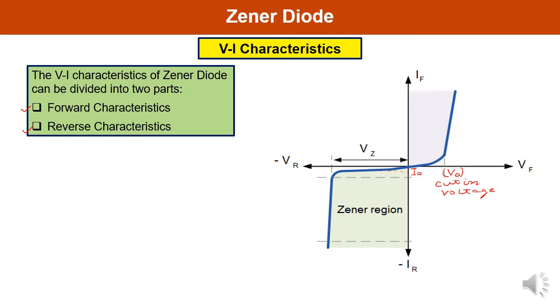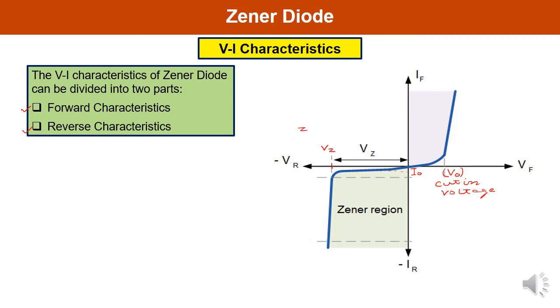This current is because of the thermally generated minority carriers, and at a certain value the reverse voltage increases suddenly and sharply, which is indicated by this particular point, and this point is known as the breakdown voltage. It is also known as the Zener breakdown voltage or Zener voltage, and it is denoted as VZ.